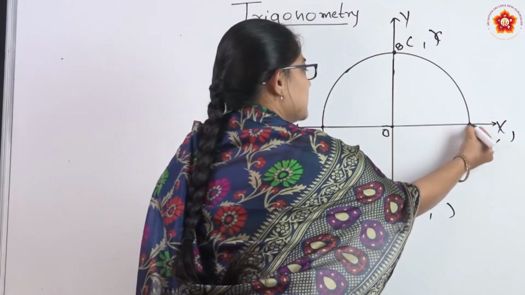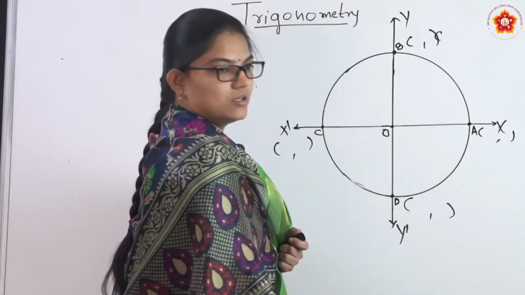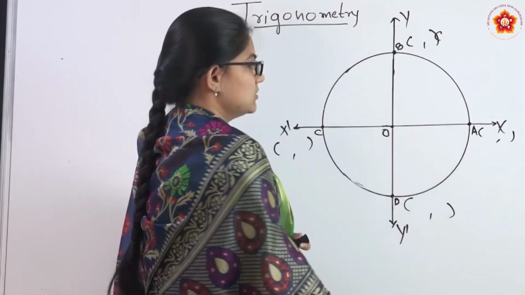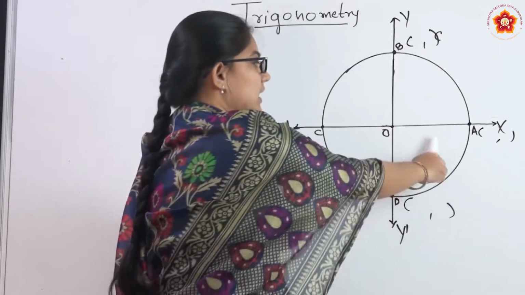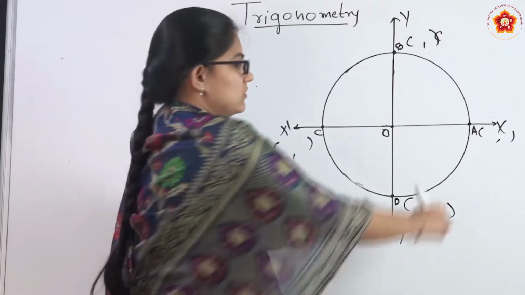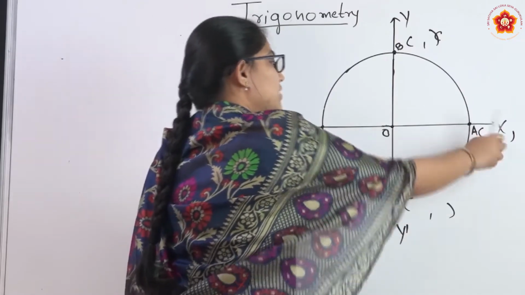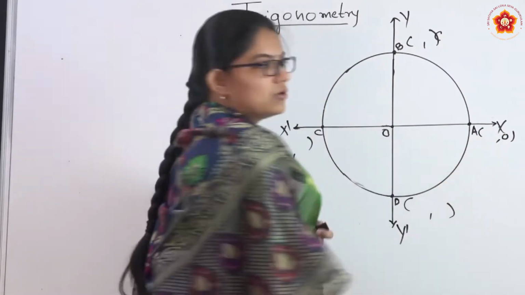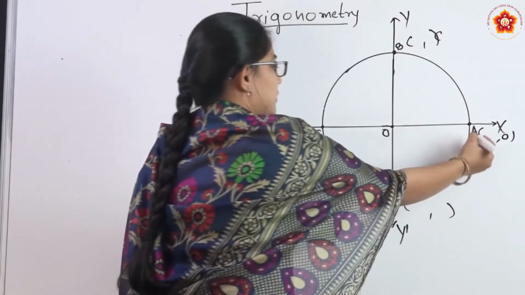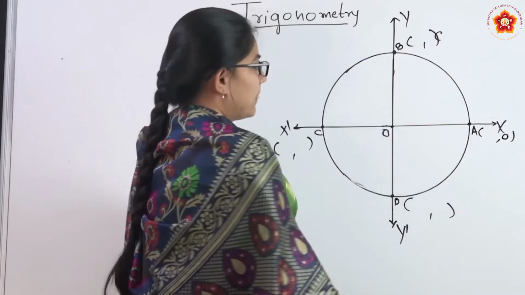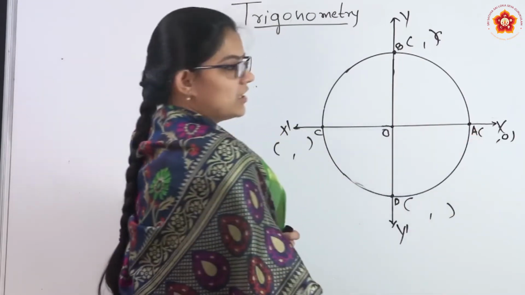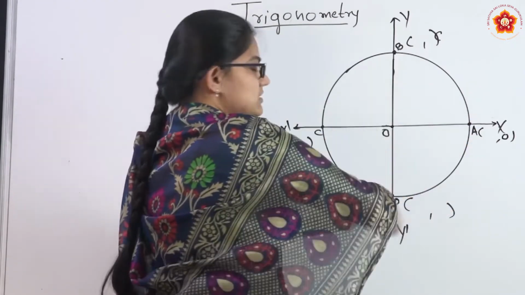What can we understand about the point A? The point A is lying on the x axis. So, for any point which lies on the x axis, its y coordinate will be 0, right? And what is its x coordinate? I have already told this is a unit circle.